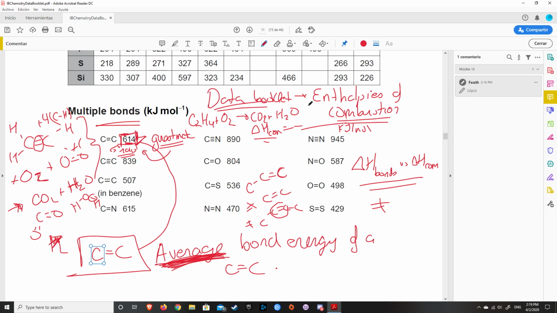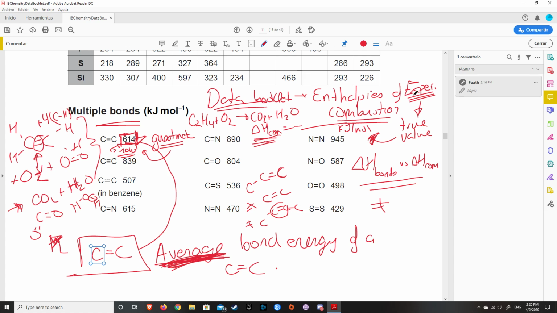But the enthalpy of combustion, this is the important part. This is experimental data. So it's the true value done in a calorimeter, calculating the heat or the delta H, the enthalpy change of combustion of ethene in a nice molar ratio of oxygen.